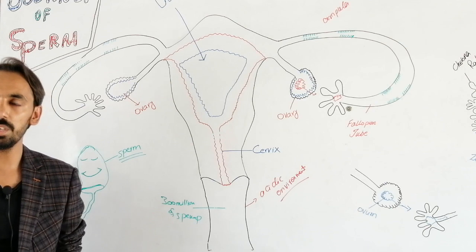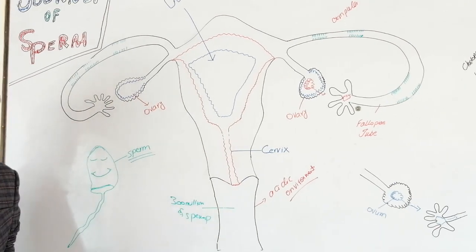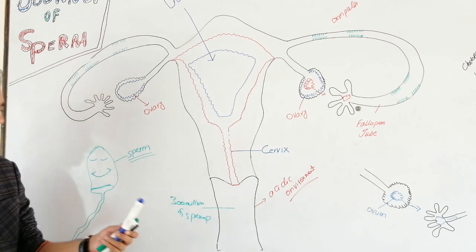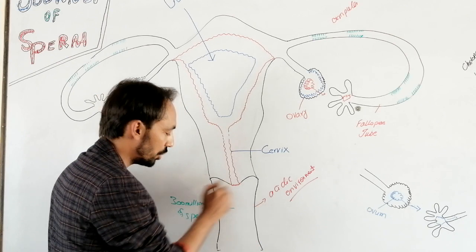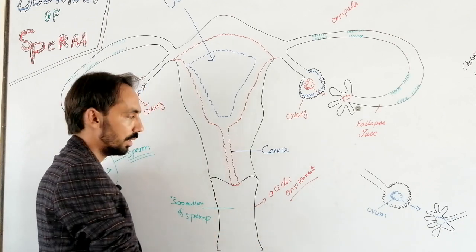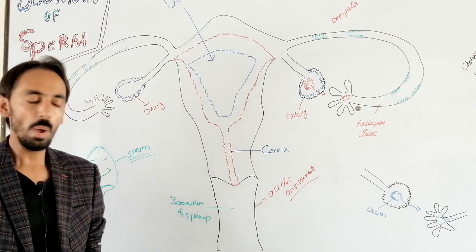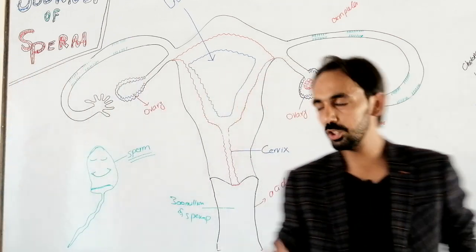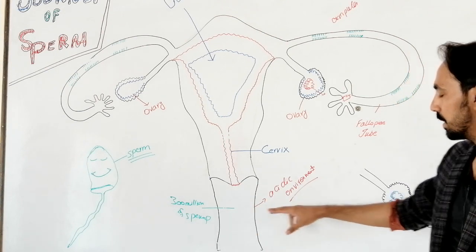This acidic environment is not suitable for these happy sperms. So millions of sperms would die in this region of the vagina due to the acidic environment.